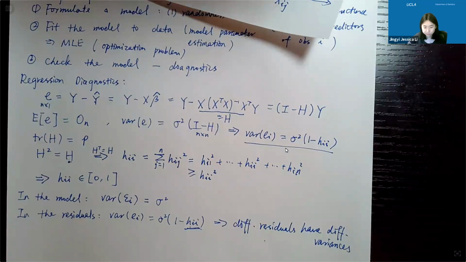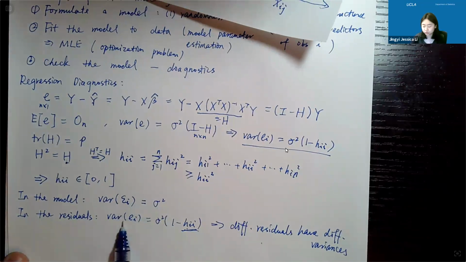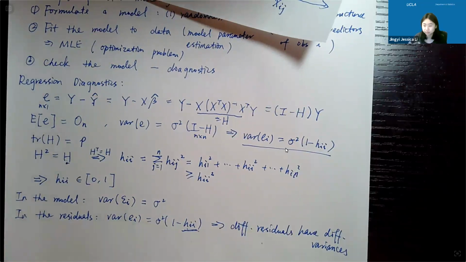So now let's pause for a little time, and I want you to think about what the variance of the residual means in our notation. When we say variance, we treat the residual as a random variable. Then where does the randomness come from?